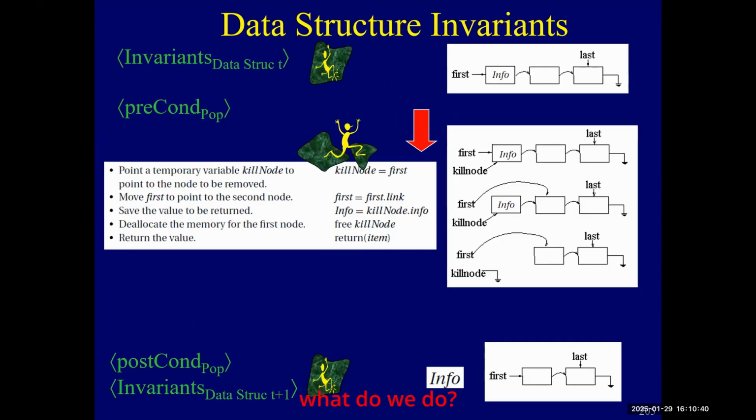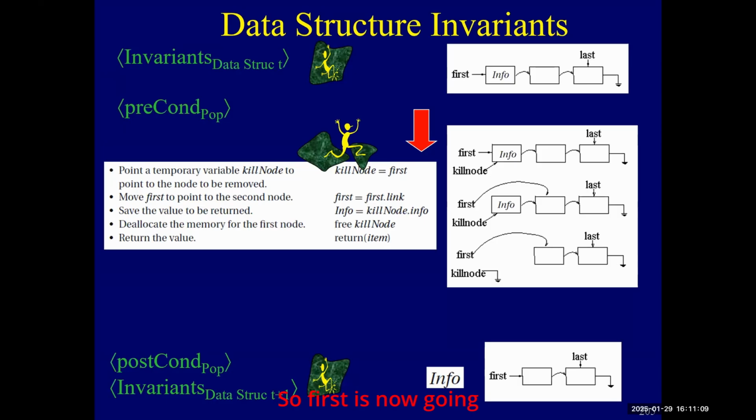what do we do? All right, so I guess first we're having a new variable called kill node, which is like Kill Bill, I guess, the guy you're going to kill, and you point it at the same place as the first item, right? Because first is pointing at it. And then you get first to walk along. Remember, we did walk code. So first equals first link.